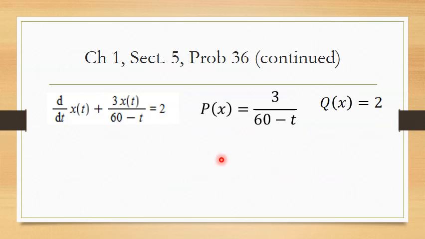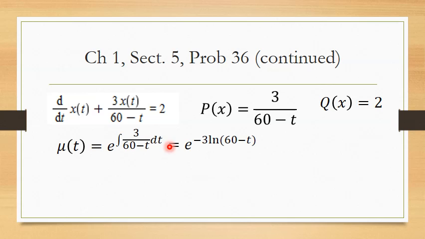We need to find our integrating factor. Here it is. I need to integrate this. You have to integrate this by using u substitution, where this is the u. And when I do that, I get this solution. Now, how do you get rid of this logarithm? Well, you have to use some properties of logarithms.